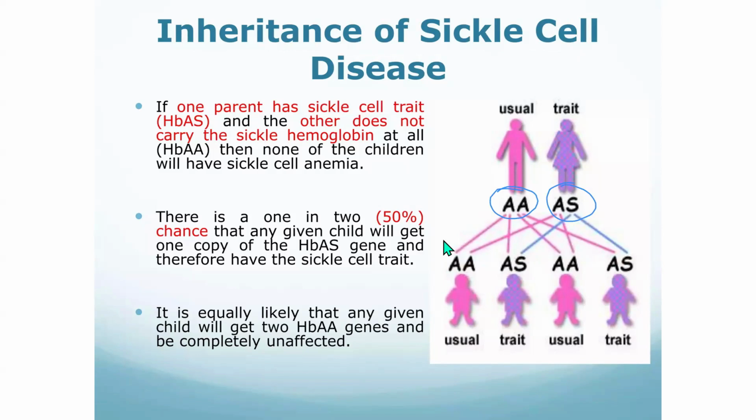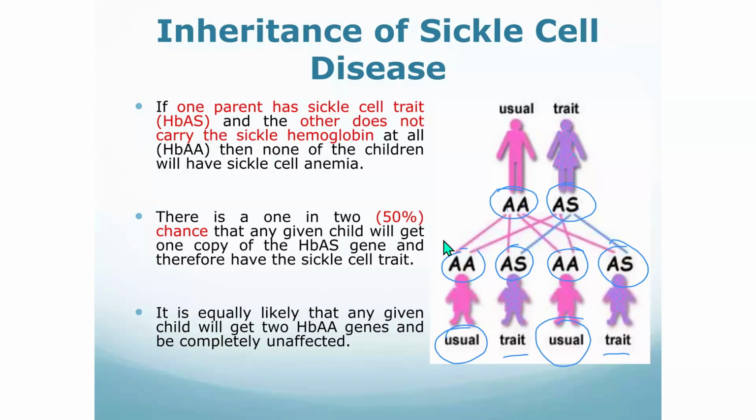If you cross this A with this A, you have AA. This A with this S, you have AS. This A with this A, you have AA. And A with this S, you have AS. So AS here is a carrier, and this one is also a carrier, so it carries the trait. But these are normal because they have AA.